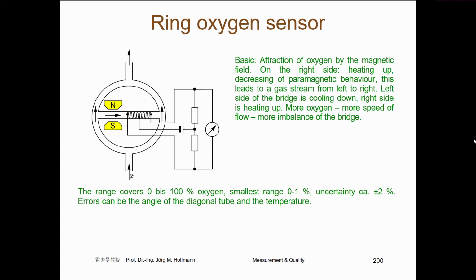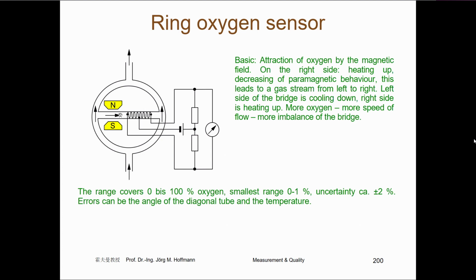But when you have oxygen inside, then you attract the oxygen from the gas with these magnets from this side, and you get a stream to the right side, because when you heat up the oxygen, it partly loses the behavior of being magnetic.